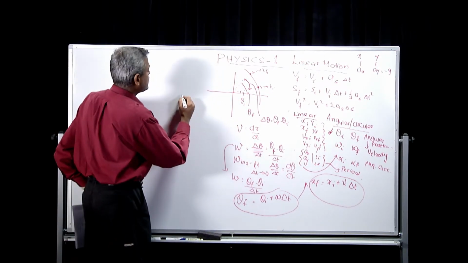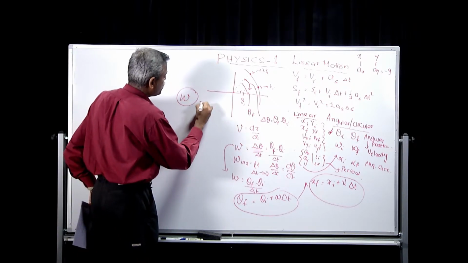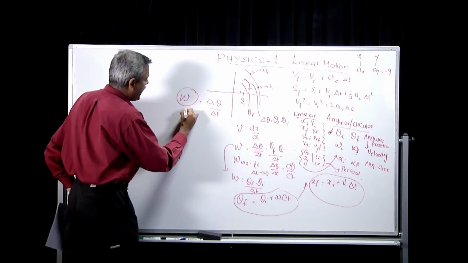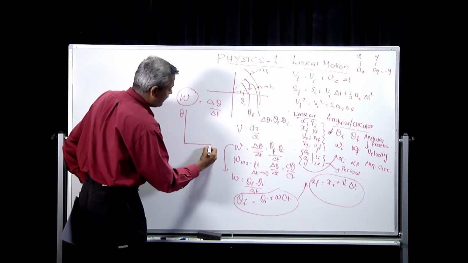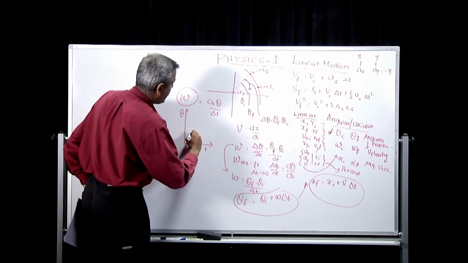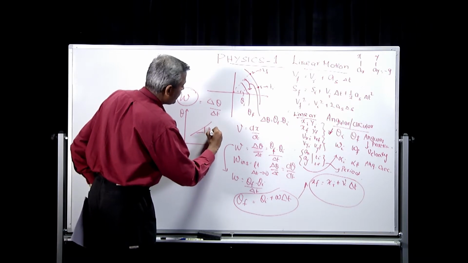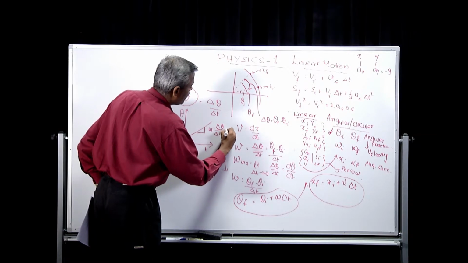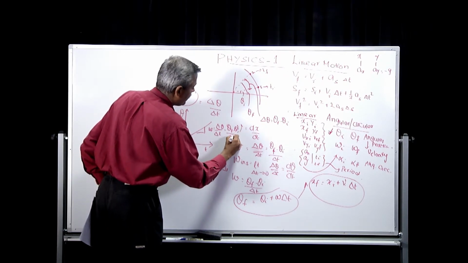One graph is, I need to find my omega. What is omega? Omega is delta theta over delta t. I can plot a graph between your angle and time, you get a straight line, that gives a slope, that slope is omega, is delta theta over delta t, or theta final minus theta initial over delta t.